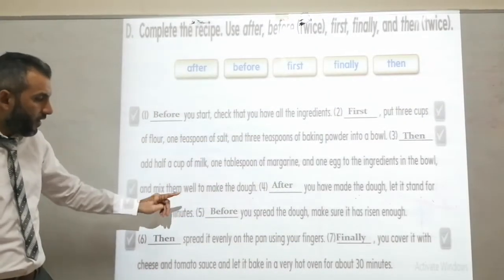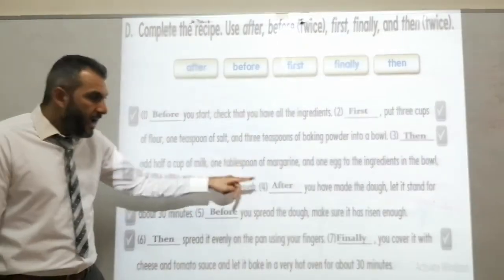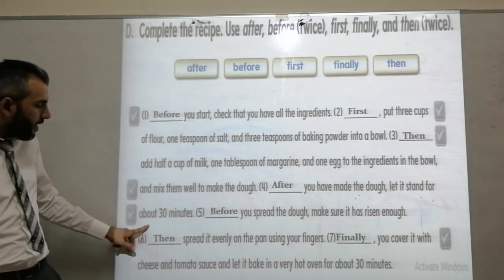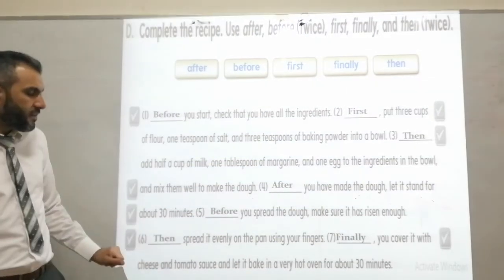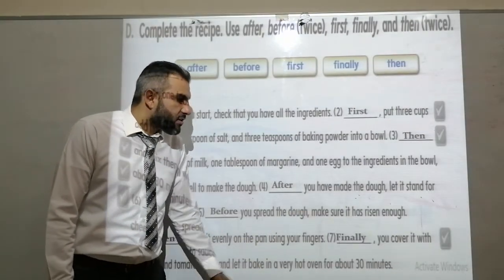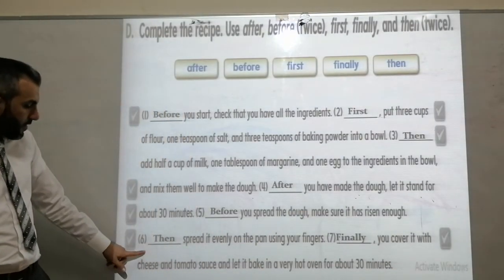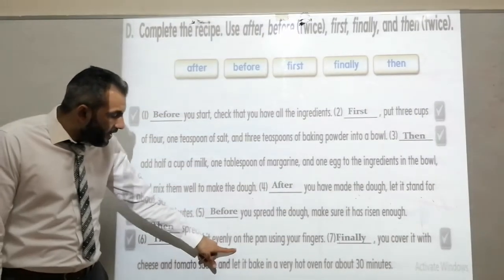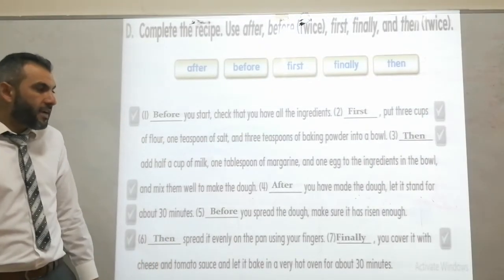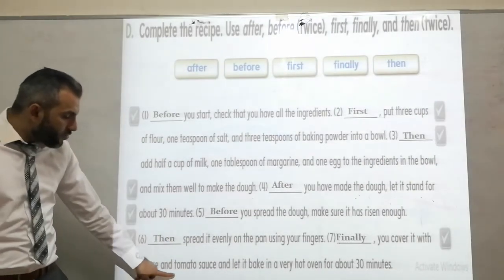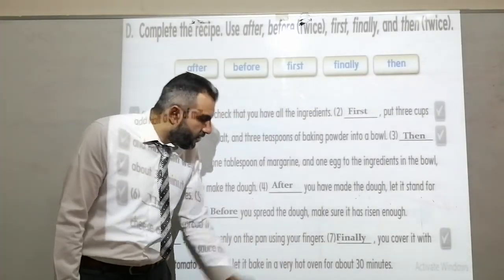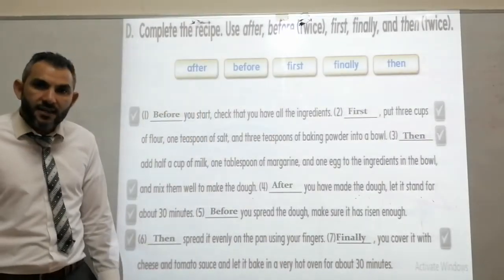And mix them well to make the dough. After you have made the dough, let it stand for about 30 minutes. Before you spread the dough, make sure it has risen enough. Then spread it evenly on the pan using your fingers. Finally, you cover it with cheese and tomato sauce and let it bake in a very hot oven for about 30 minutes.